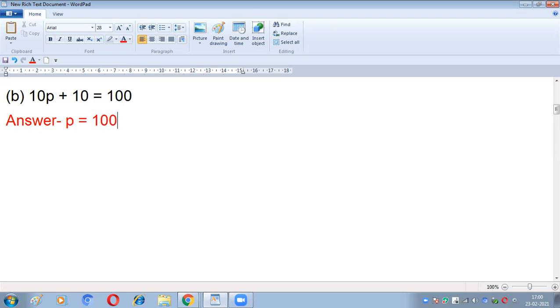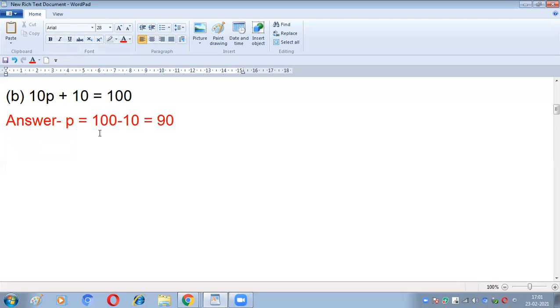If plus 10 moves to the right hand side, it becomes minus 10. So 100 minus 10 equals 90.